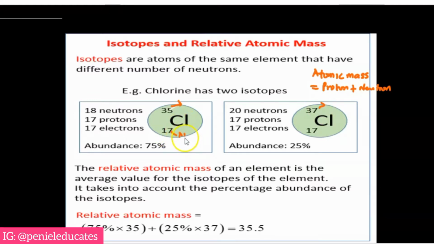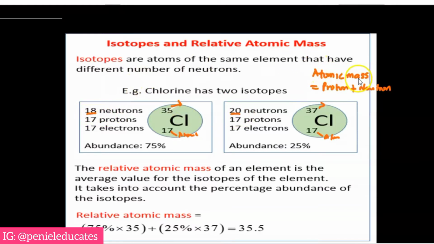This is the atomic number, and this is the atomic number. Like I said, we have the same atomic number, but the mass number keeps changing. That's what varies in the two isotopes. And because the mass number varies, we are going to have different numbers of neutrons. This one gives you 18 neutrons, this one gives you 20 neutrons.